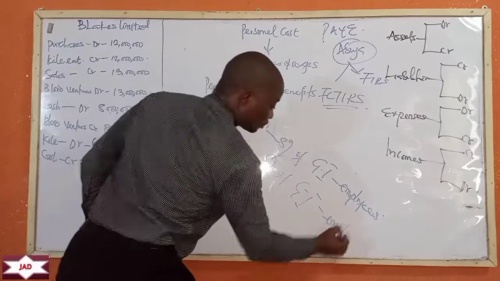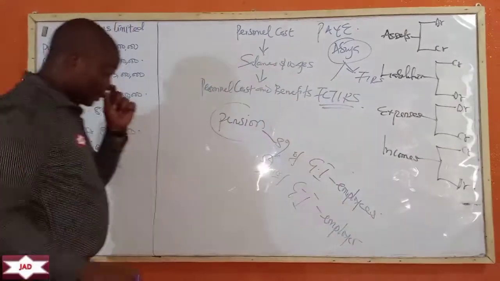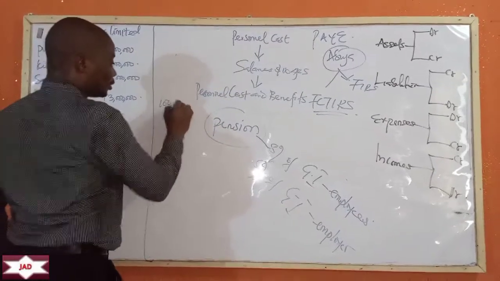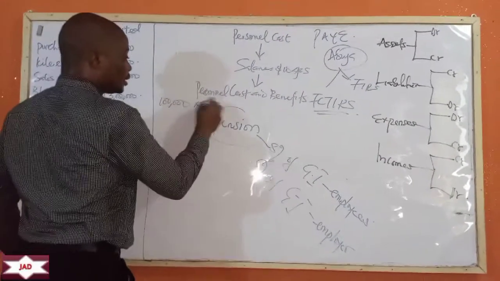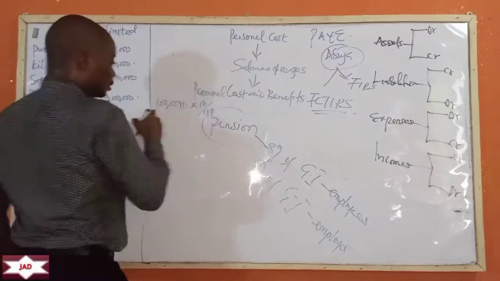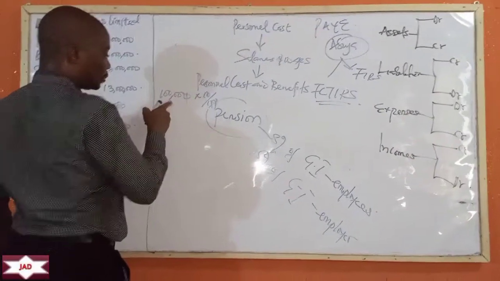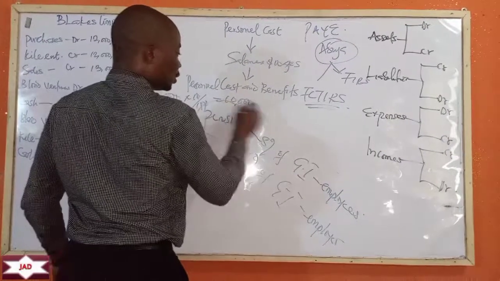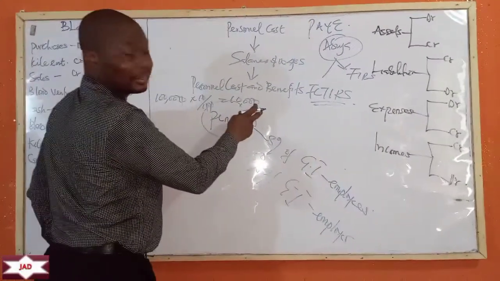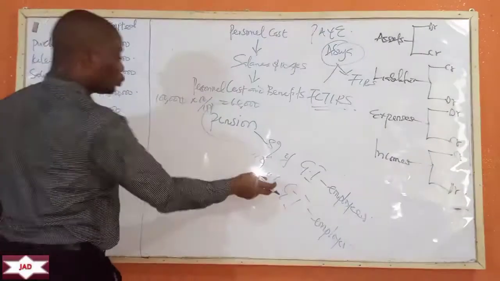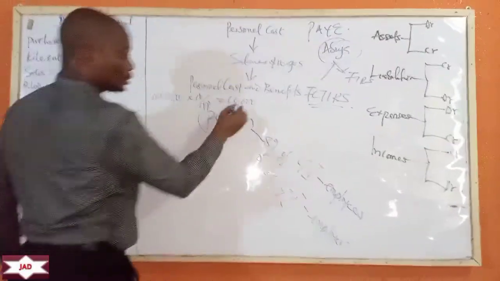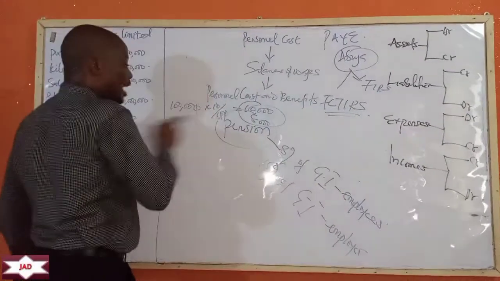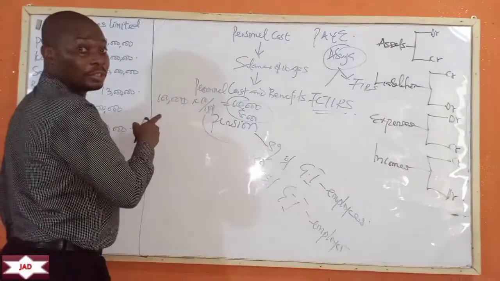So if your staff is earning 100,000, 10% of this is 10,000, which you will contribute as an employer for pension. The employee will contribute 8%, which is 8,000. So 18,000 is what you pay on every 100,000 to the pension administrator.